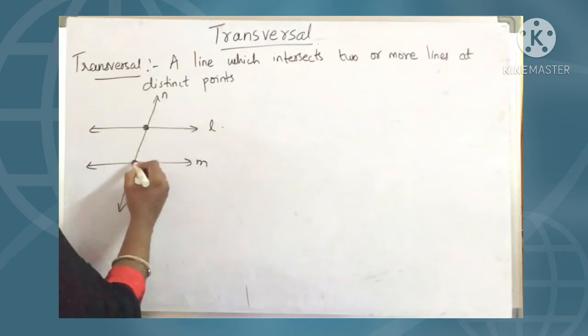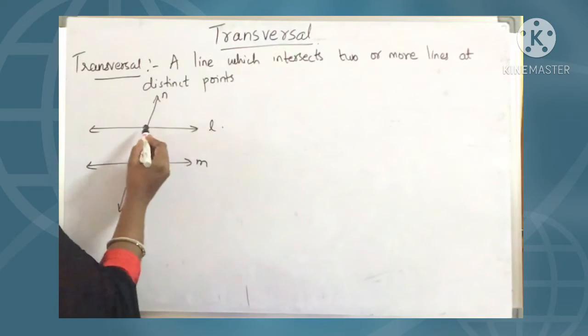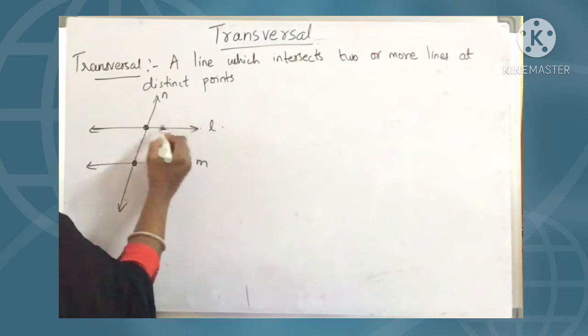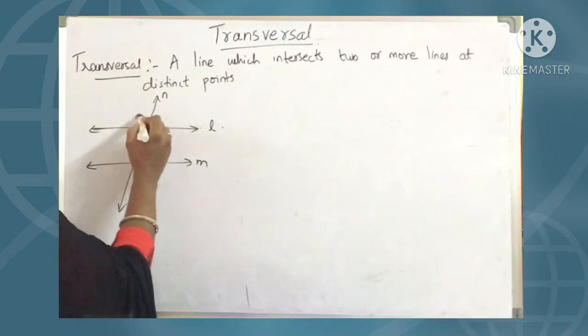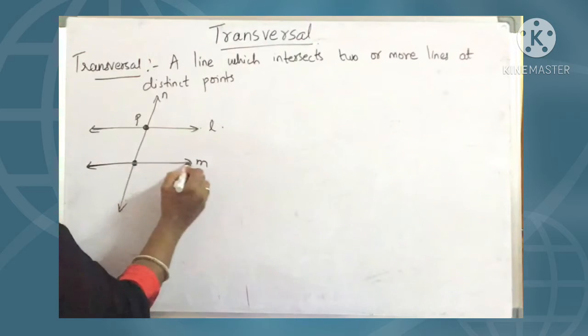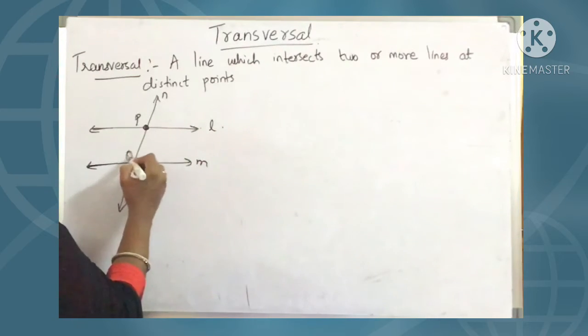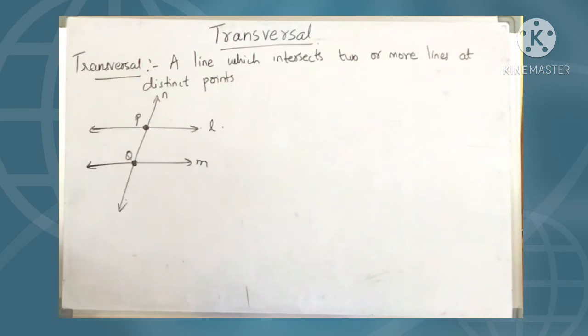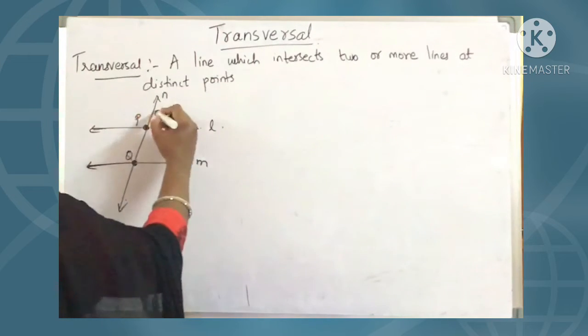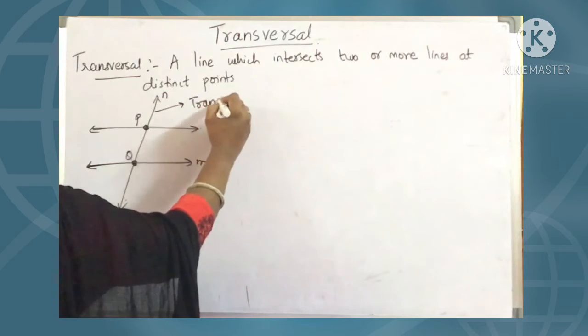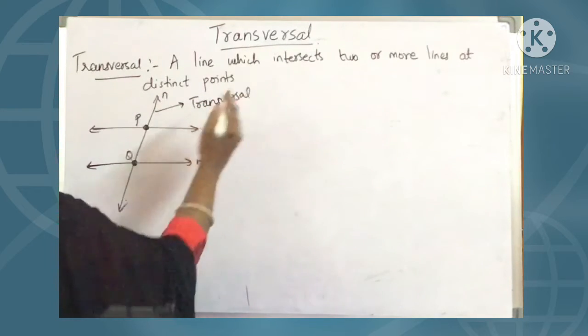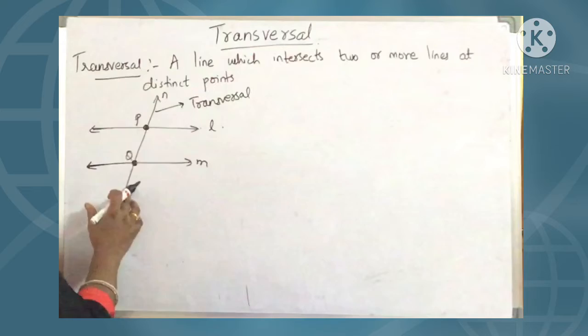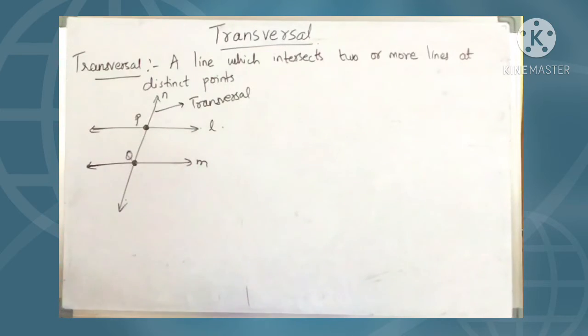If you observe, this line N intersects line L at this point, suppose P, and it intersects line M at Q. This means this line is intersecting the other two lines at distinct points. So this is known as a transversal. When it intersects the other two lines at different points, we call that a transversal.